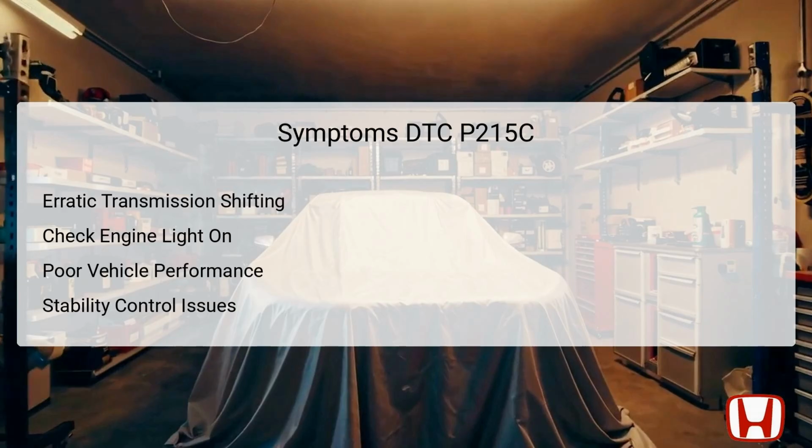Other performance issues might manifest as reduced acceleration or strange behaviors while in motion. Additionally, since this DTC can affect the vehicle's stability systems, such as the VSA, drivers may notice that the vehicle feels less controlled during maneuvers, creating a potential safety hazard, especially under adverse weather conditions.